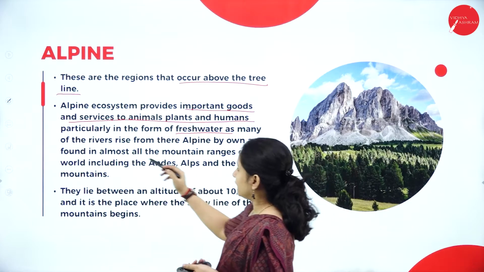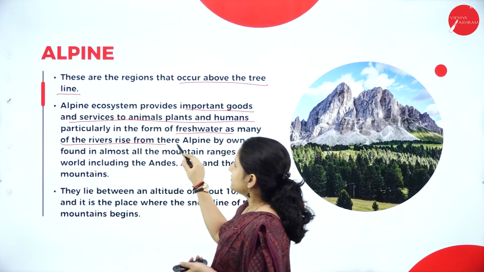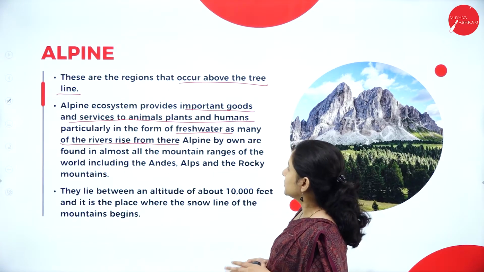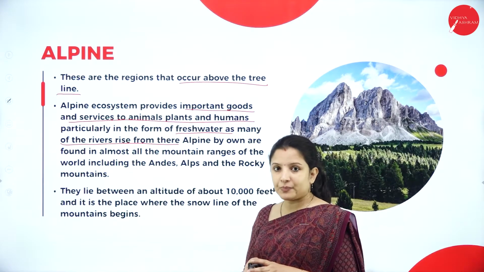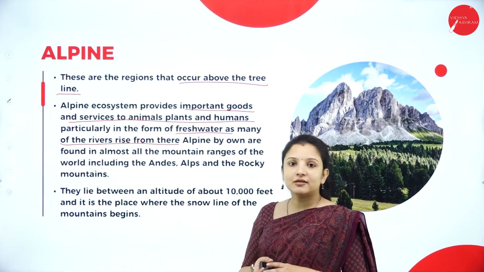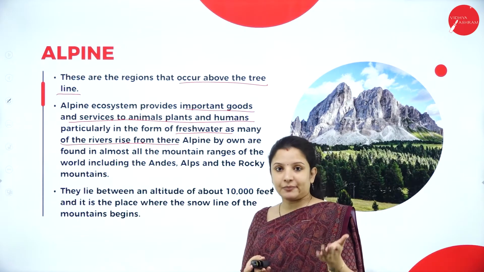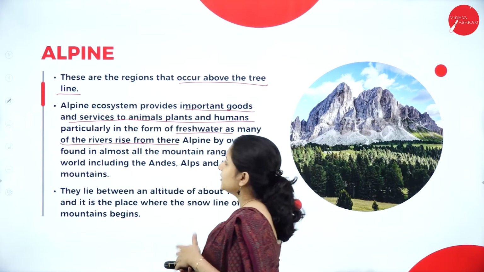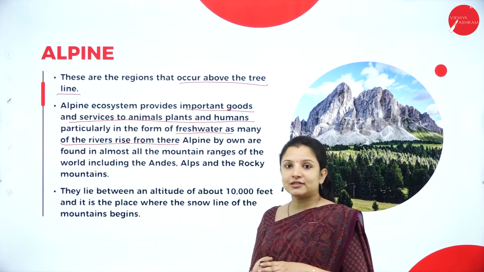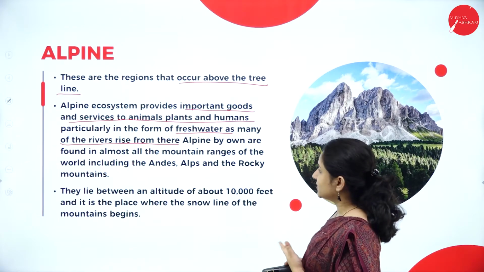So that is the reason for this. And rivers are also one of the important goods and services which the ecosystem provides to the people. So about important goods and services of ecosystems, you have a separate topic for that in a particular unit. There you will study in detail. So here, when I say important goods and services, one best example is the rivers.